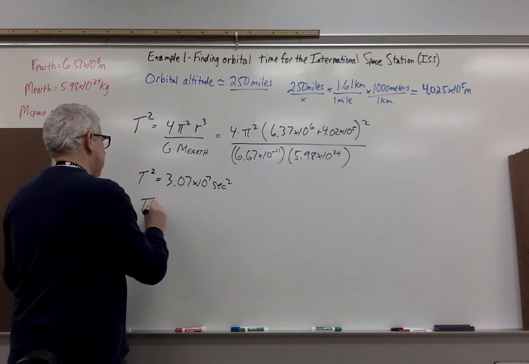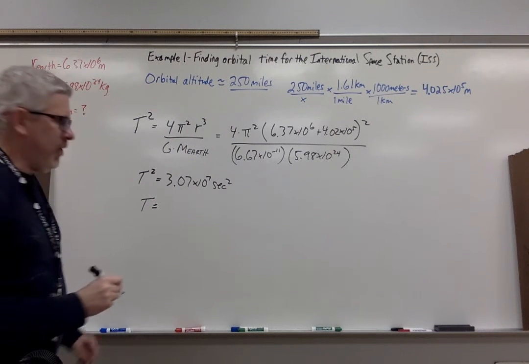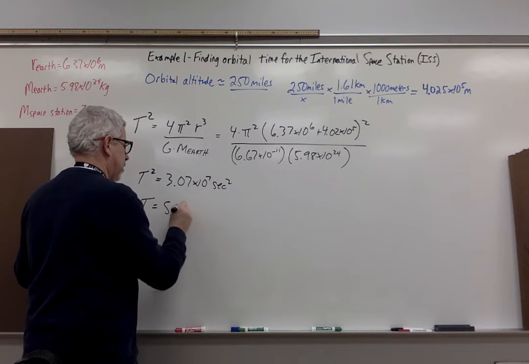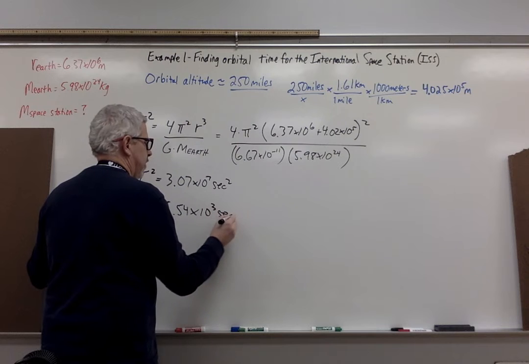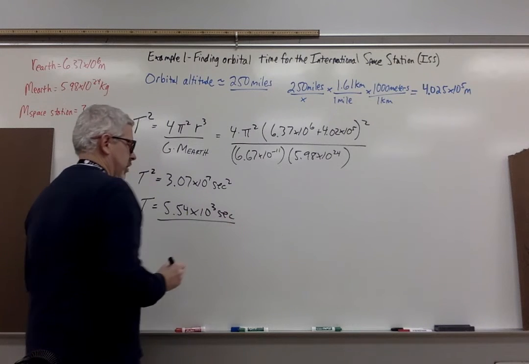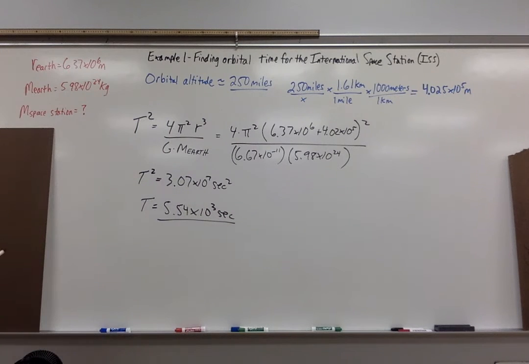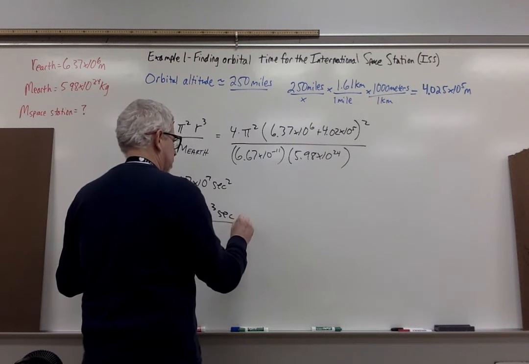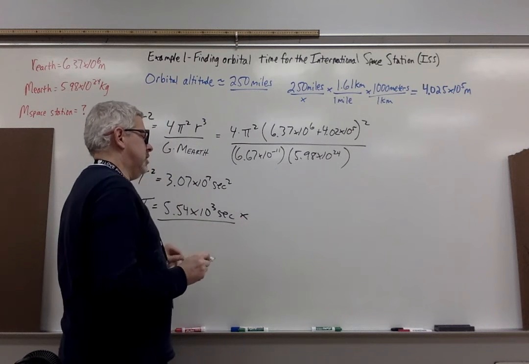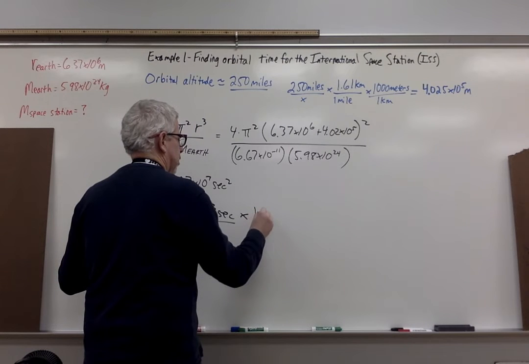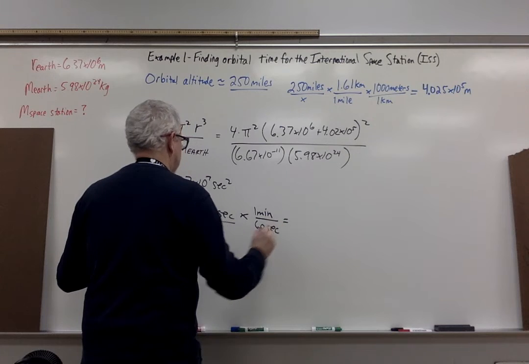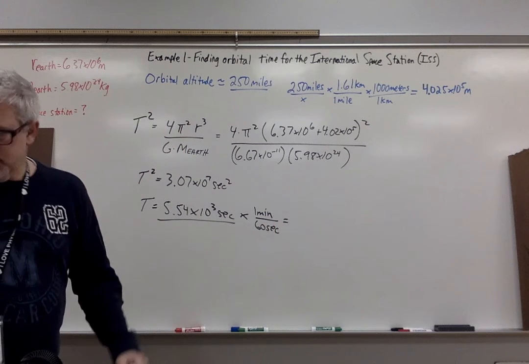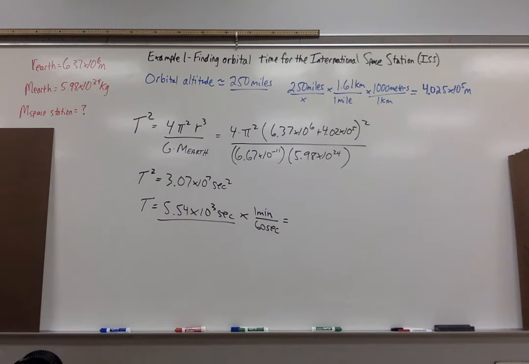So I get that T is equal to 5.54 times 10 to the 3rd seconds. So that's 5,540 seconds. Let's put that into times a little bit more that we know. There's 60 seconds in a minute. So when I take that and divide it by 60, which of course, did I remember my calculator? Nope. Here it is.